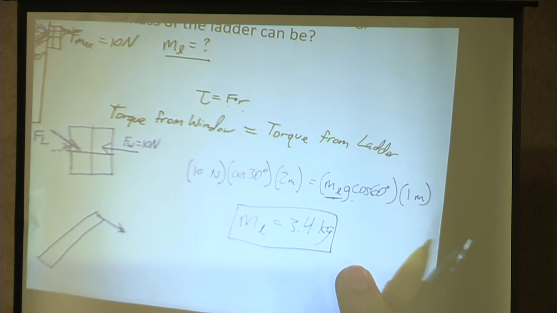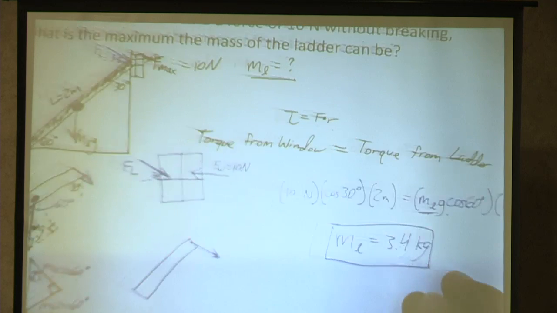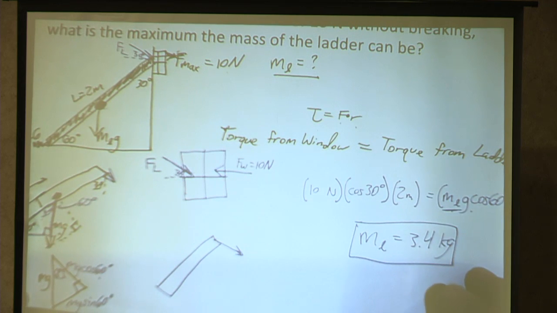Does anyone have any questions? That was a pretty confusing problem, so I kind of understand if you do. Yes? Why is the force that the ladder is exerting on the window 30 degrees? So, okay. Because it's different than the one it exerts from the wall, right? Like then the angle between the ladder and the wall, that's different than the force.